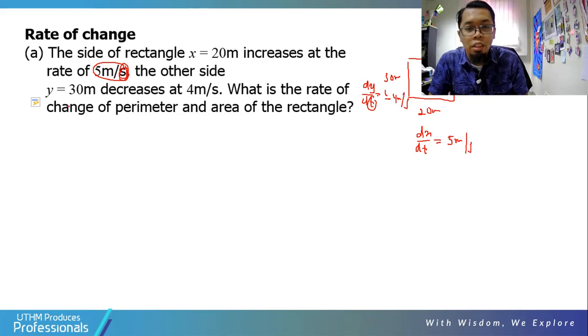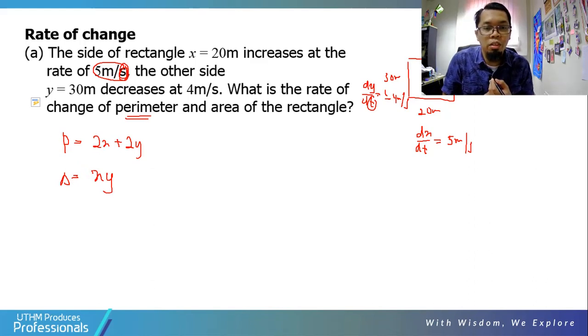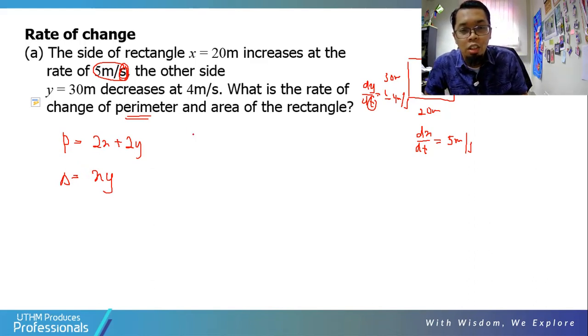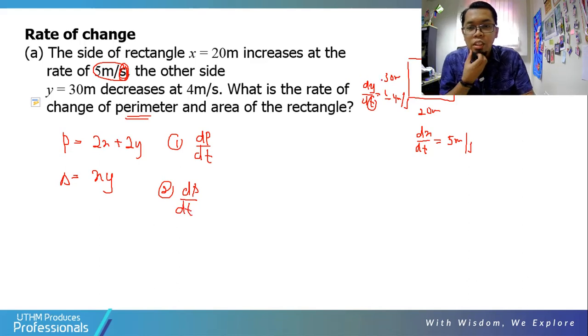So what is the rate of change of the perimeter? The perimeter P formula is 2x plus 2y, and area equals x multiply by y. So you need to determine number one, dP dt, and number 2, dA dt. So that is given here.